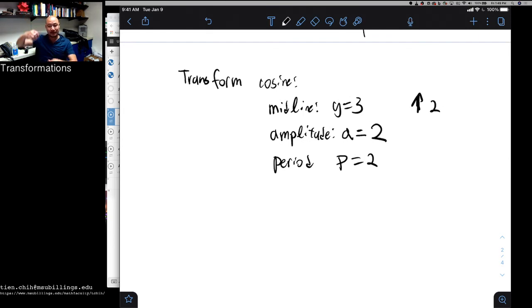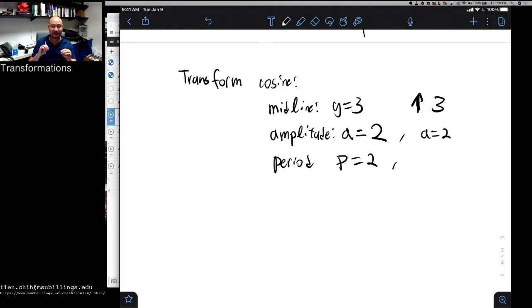So for your amplitude to be 2, we need that A is 2. The A factor there is your amplitude.